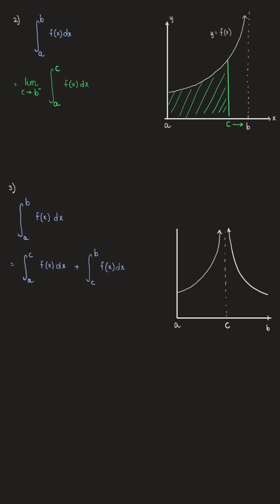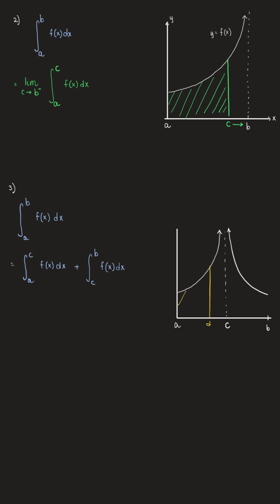And for each of these separate add-ins, we're going to need to find limits, as we did in parts 1 and 2 in the above examples. So on the left one, from a to c, I'm going to use, let's say, a variable d.